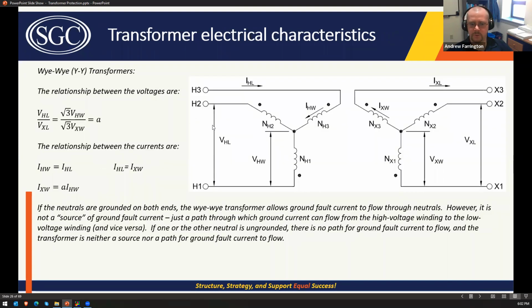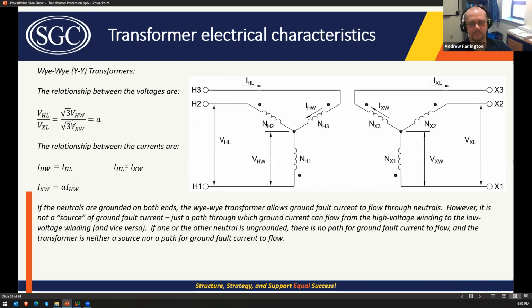The first winding configuration, probably the simplest to understand, is the Y Y transformer. These are the voltage relationships between the line voltage and the winding voltage. Obviously, the high voltage divided by the low voltage is equal to your turns ratio. And for the line, that is also the square root of 3.